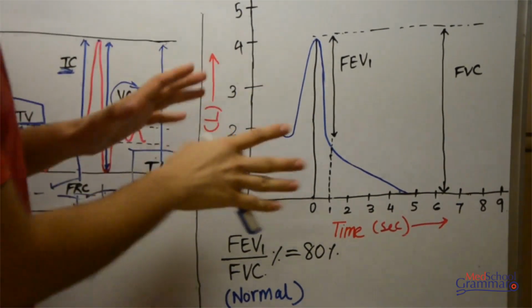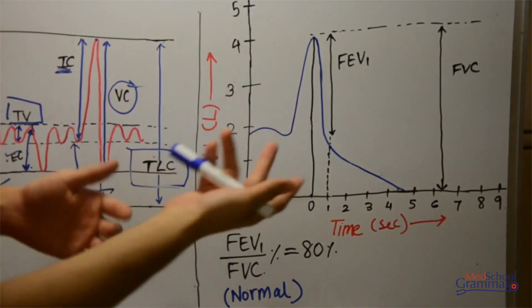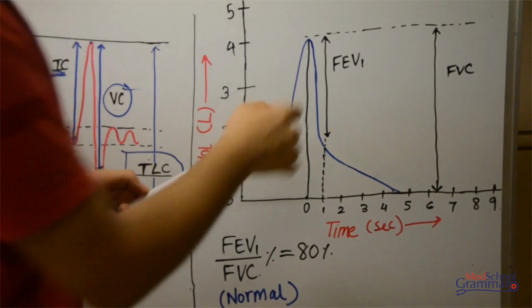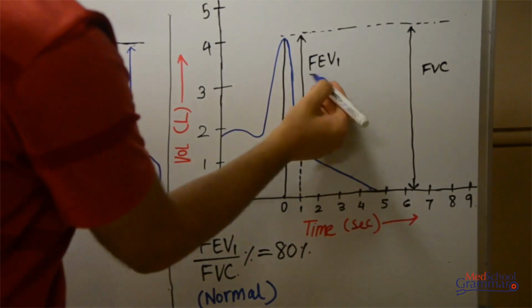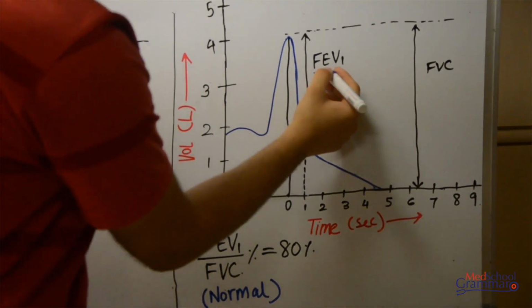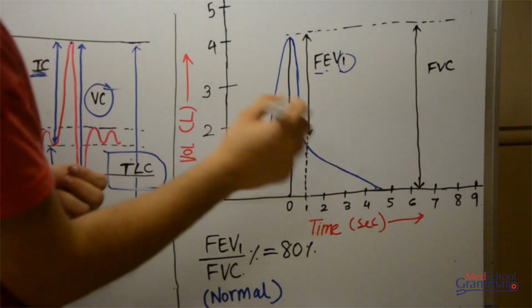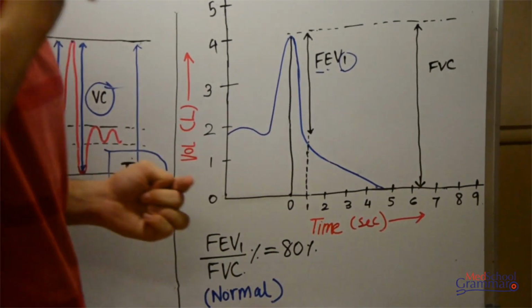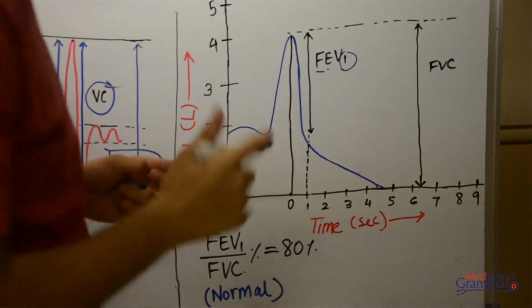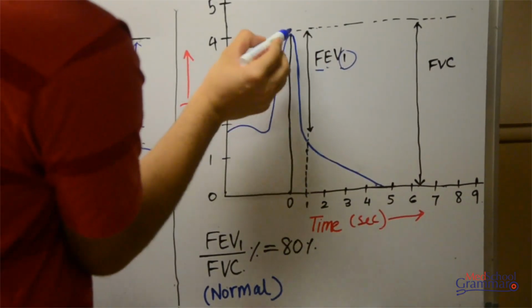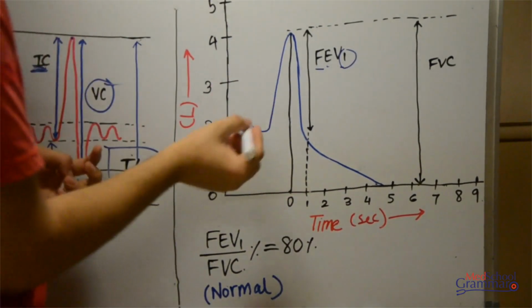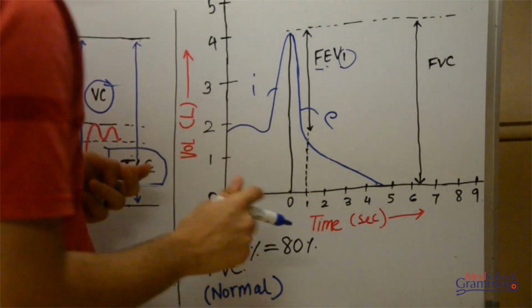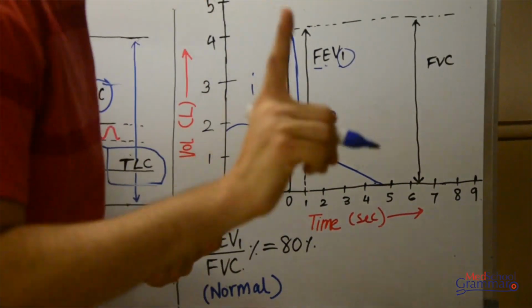So now, understanding and interpreting what this graph means. As you can see, on the x-axis there is time and on the y-axis the volume. FEV1 is the forced expiratory volume during the first second, that is the amount of air that is expired in the first second.